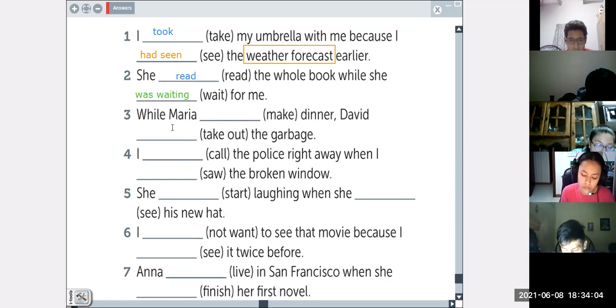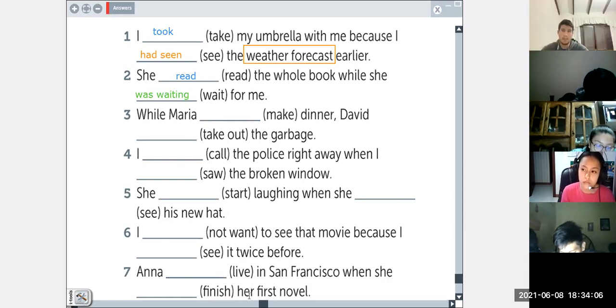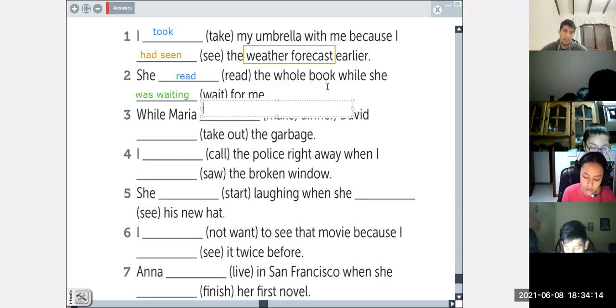What about number 3? While Maria was making dinner, David was taking out the garbage. Okay, let's see.